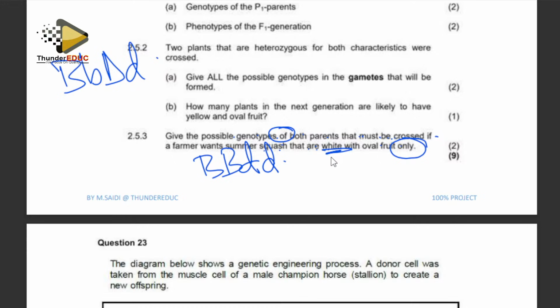Automatically, if it's white, it must be capital B. So I must cross capital B. Even the mother or the other one must be capital B, isn't it?